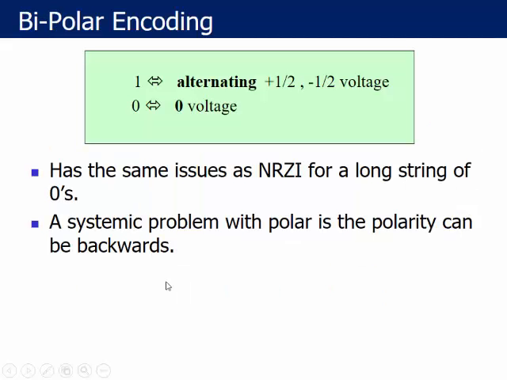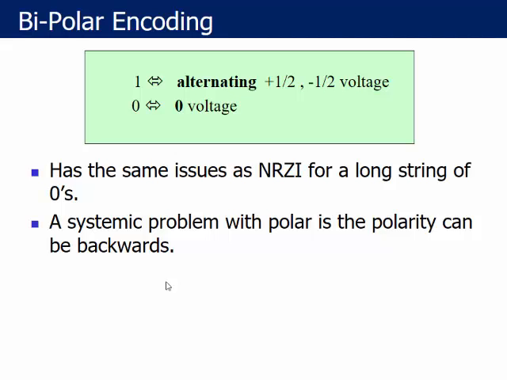Okay, a little more advanced algorithm from there is bipolar encoding. In this case, we have two polarized signals generated. If there is a data bit 1, then we will have some voltage, but halfway, not the full voltage, but polarized.